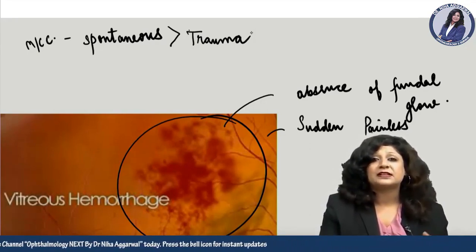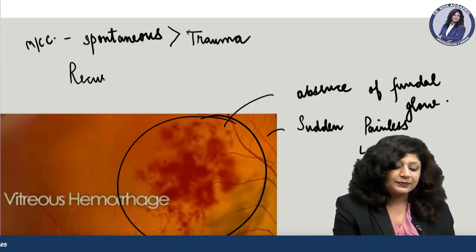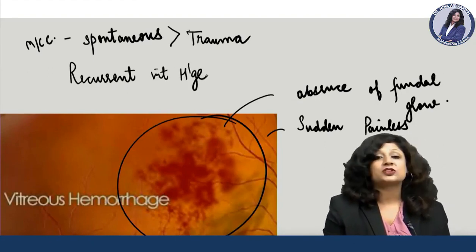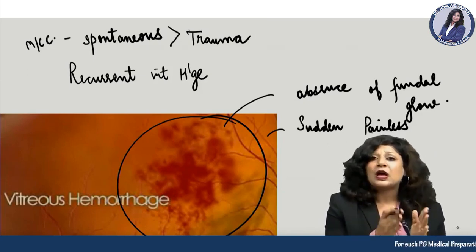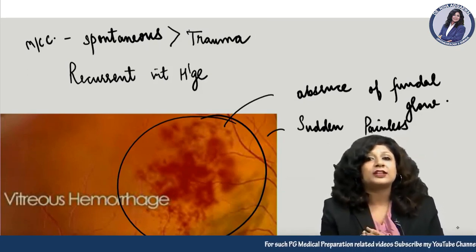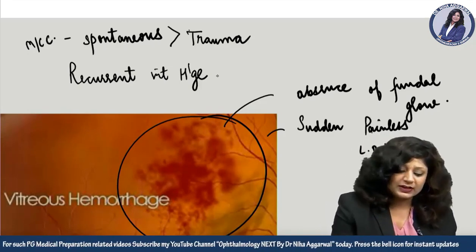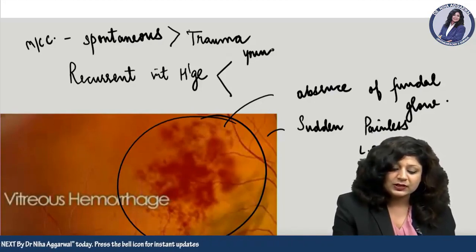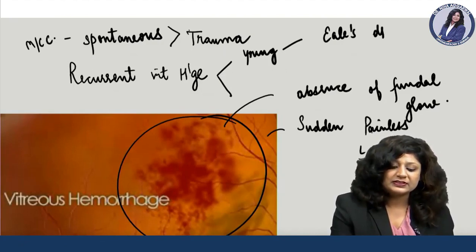Now, what happens in cases of recurrent vitreous hemorrhage? Another group of questions that will be asked is recurrent vitreous hemorrhage. If the vitreous hemorrhage is occurring recurrently, obviously it can't be trauma. So you have to think about certain pathologies that can lead to recurrent vitreous hemorrhage. If it is in a young patient, you have to go with Eales disease.